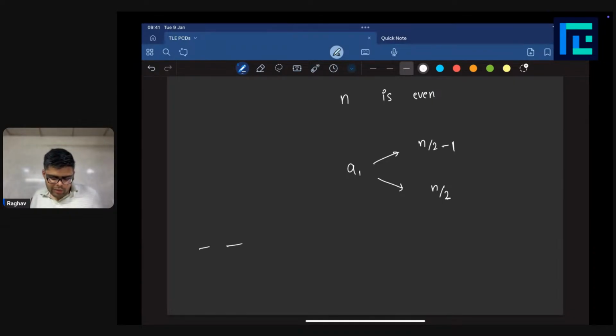If let's say you were having 4 elements, then you would like to have your a1 sit at the left middle position after sorting the array.